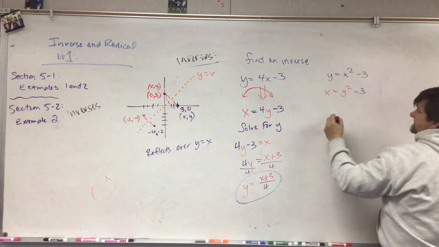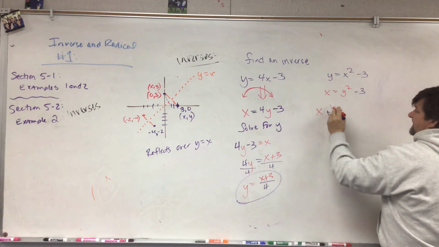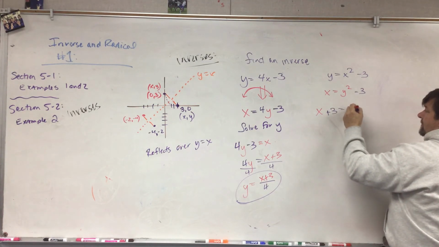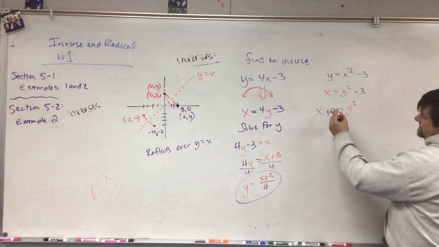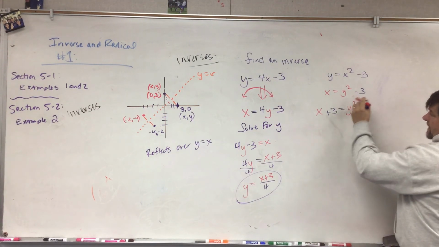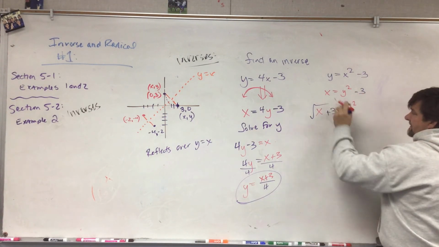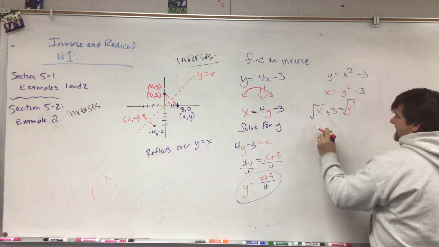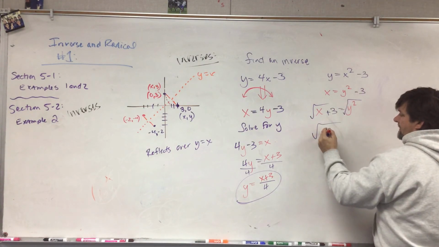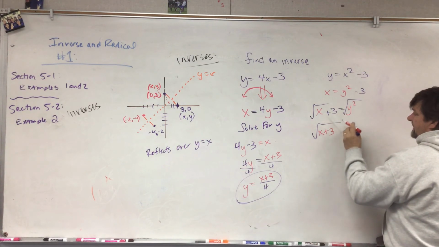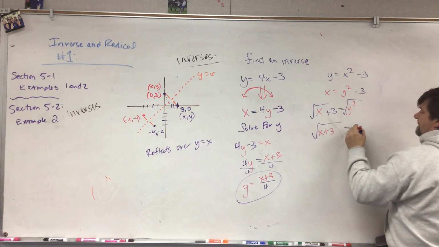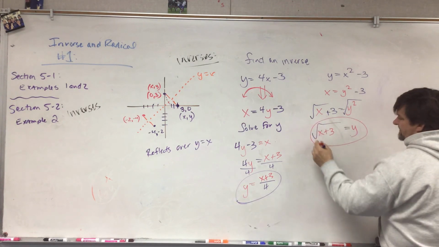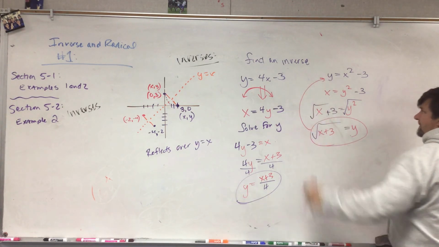We add 3 to both sides, so we get x plus 3 equals y squared. How do I get rid of the square? Take the square root of both sides, and I get the square root of x plus 3 equals y. There's my inverse of that one.